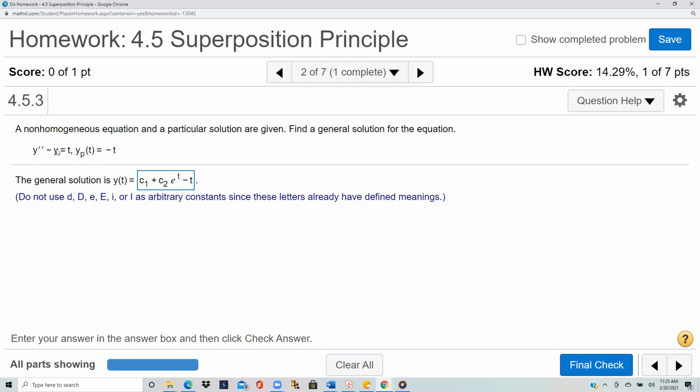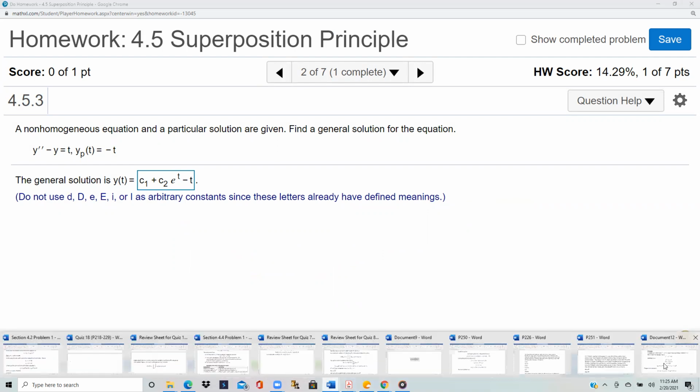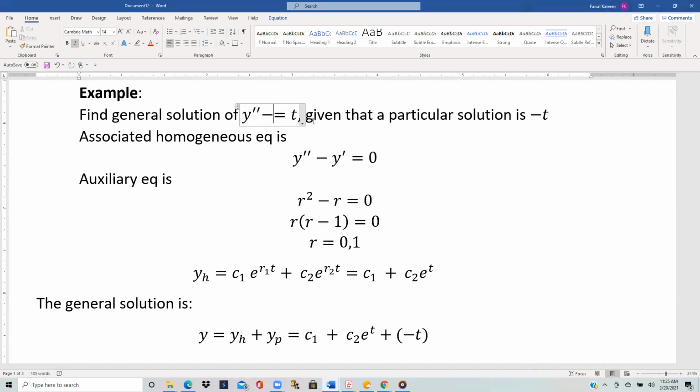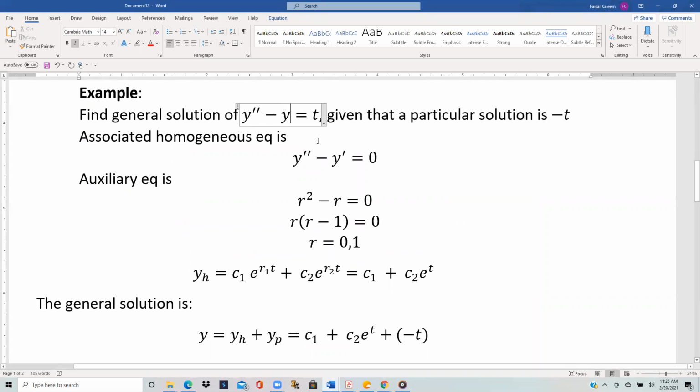r squared minus r. Oh, this is a y and not a y prime. So I'm solving an incorrect equation. Okay, so this is a y. So if this was just a y, this would be just a y.